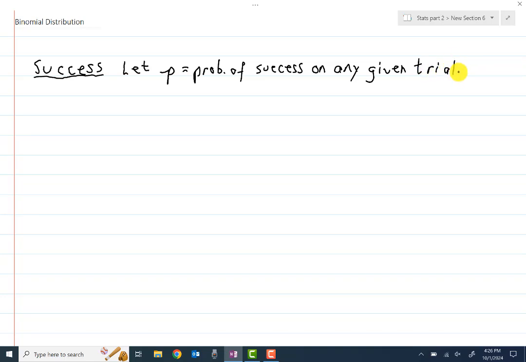And it's easy to do some examples to illustrate this. Flip a coin. The probability of getting heads is 1/2. So suppose I say success equals getting heads.